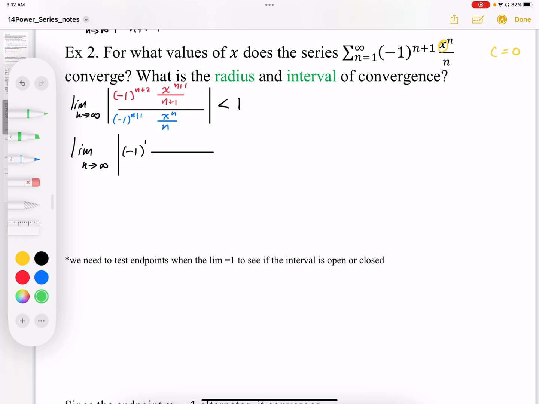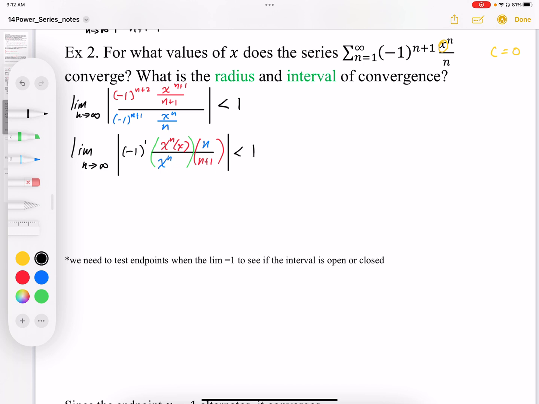So I'm going to write it as x to the n plus 1 times x over x to the n. And then that's going to be grouped together. And I have n over n plus 1. And that's going to be grouped together as well. This all needs to be less than 1.